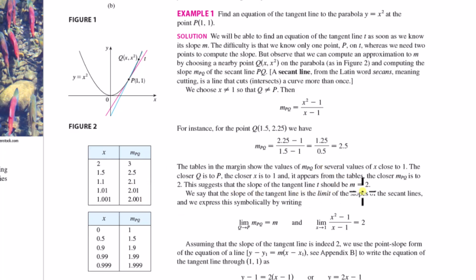And really what they're saying, when they say this suggests the slope of the tangent line should be exactly 2, is that if we had a really powerful calculator and we plugged in for this MPQ a value like 1.000501 and looked at the result, it's going to be something like 2.000501.